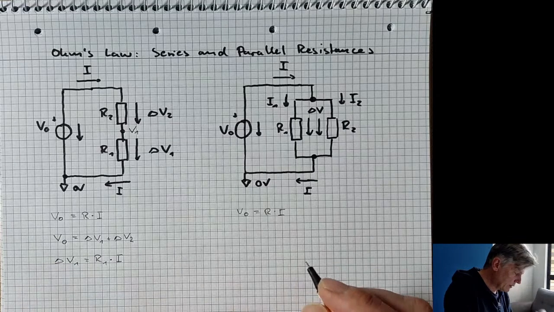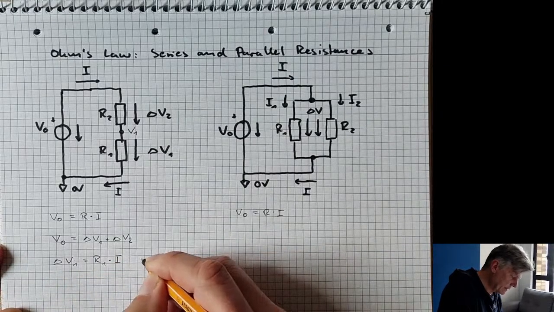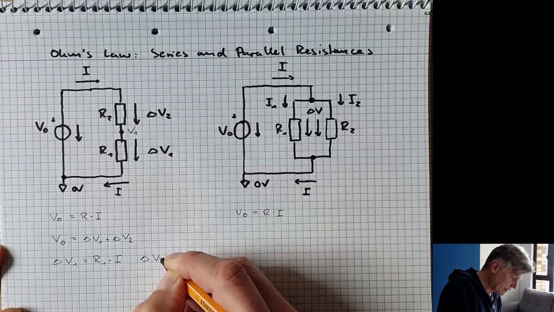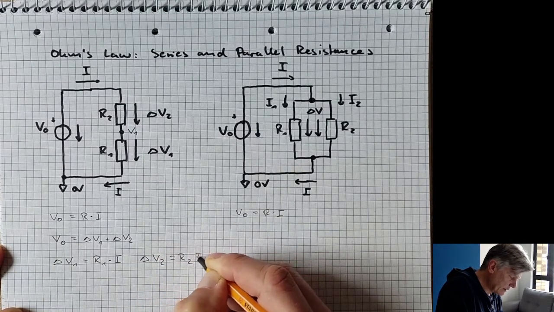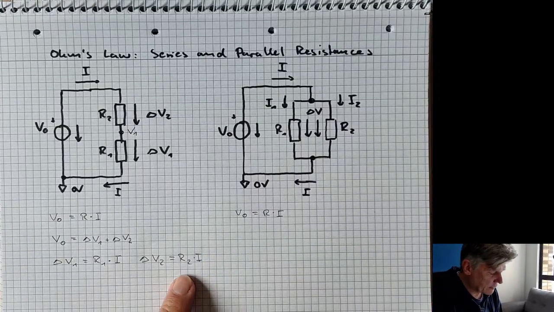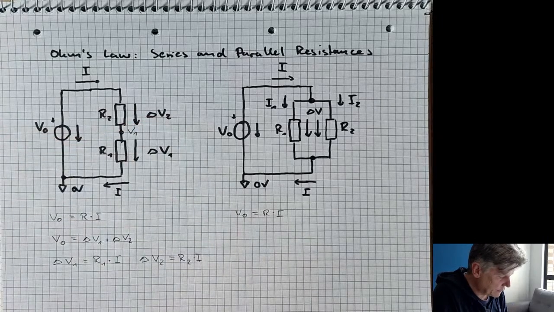So, and the same holds, of course, for delta V2. It's the same current now running through the resistor R2, causing a voltage drop V2.